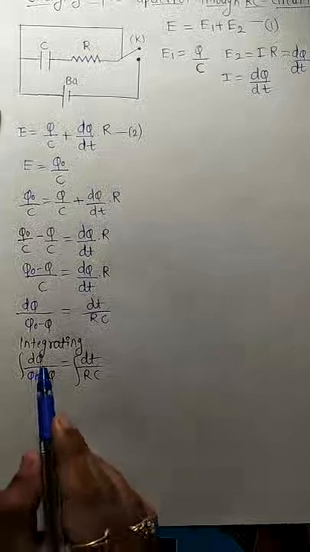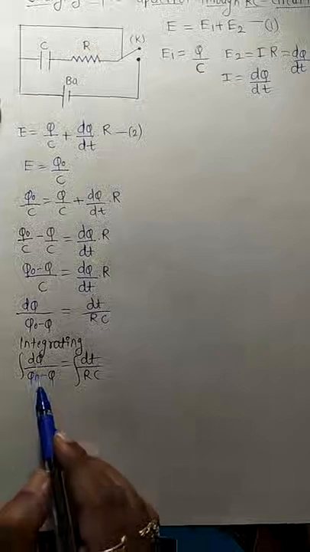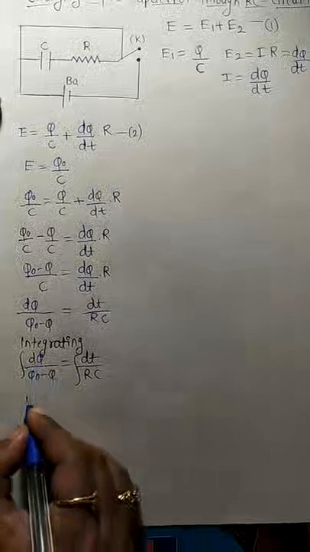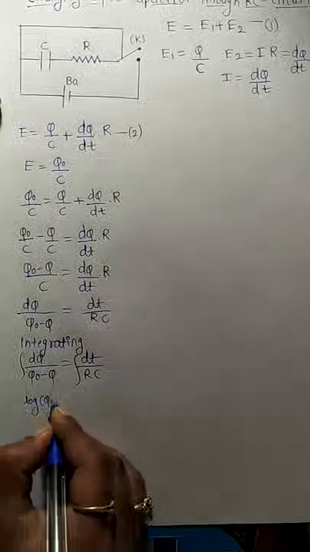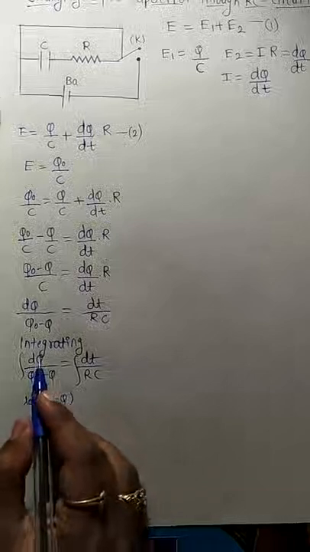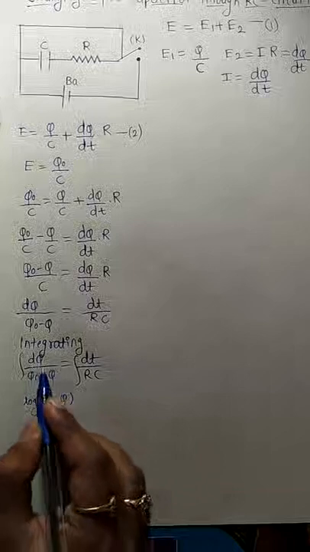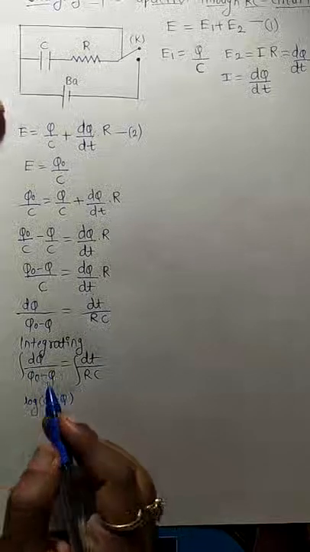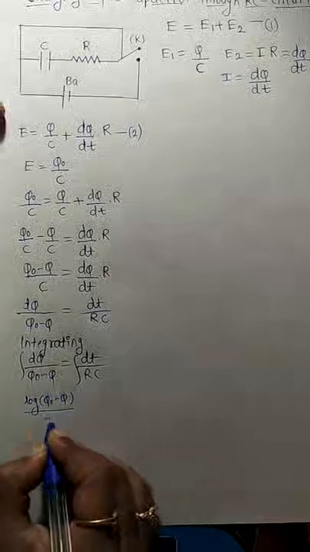As you know, the integration of 1 dx divided by x is log x. So like that, its integration will be log of q naught minus q. As chain rule will apply, because we are integrating with respect to q, the integration of minus q will give minus 1 divided by minus 1.